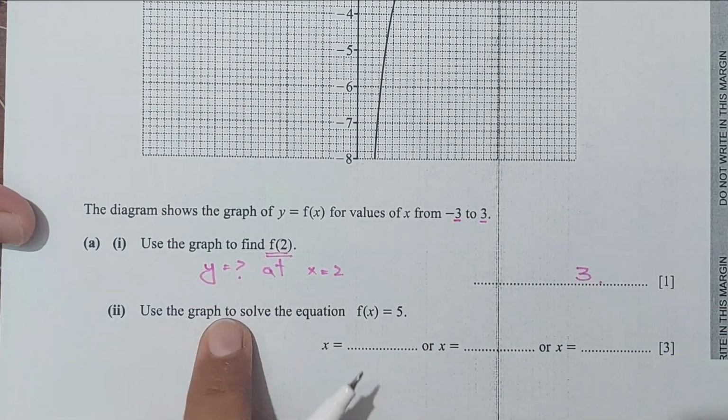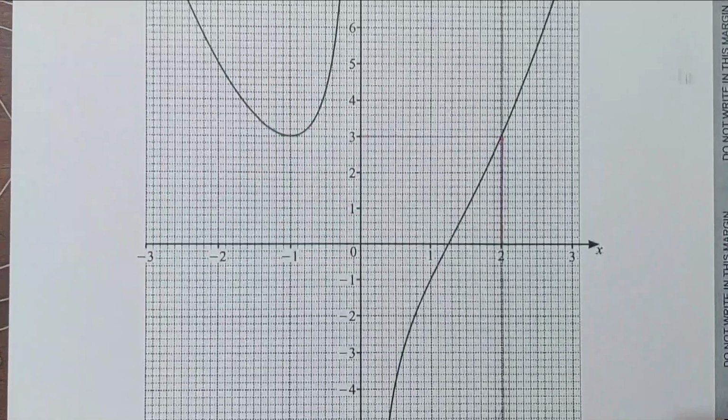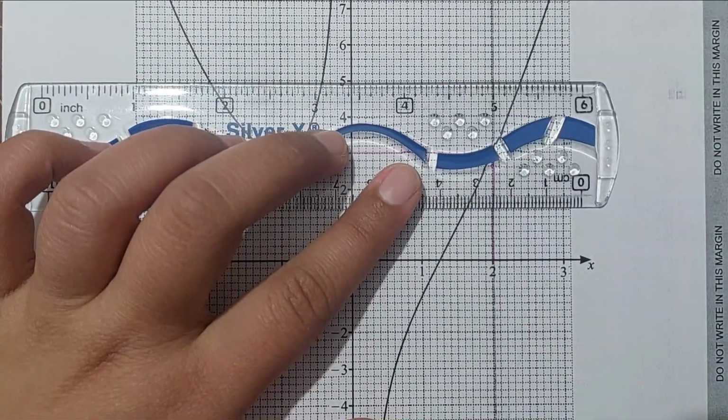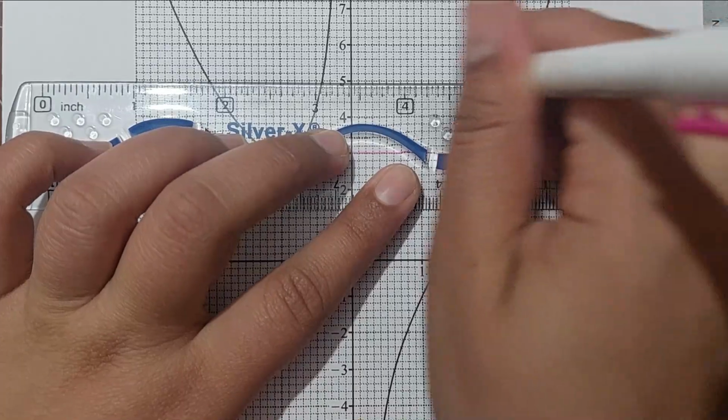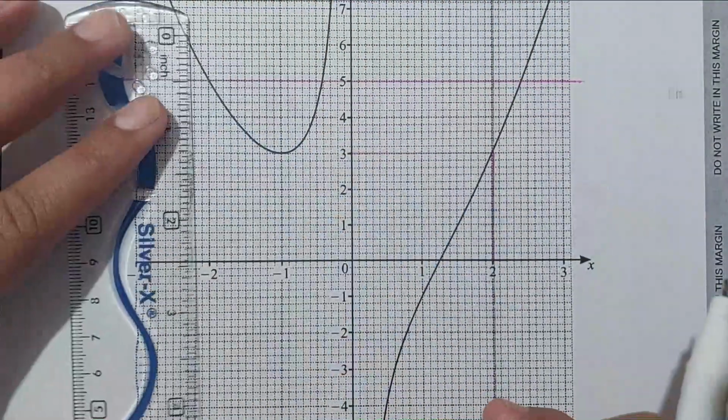The second part: use the graph to solve the equation f of x equals 5. f of x equals 5 means when y equals 5. Let me draw the straight line y equals 5.